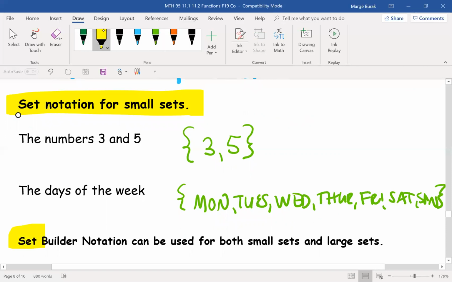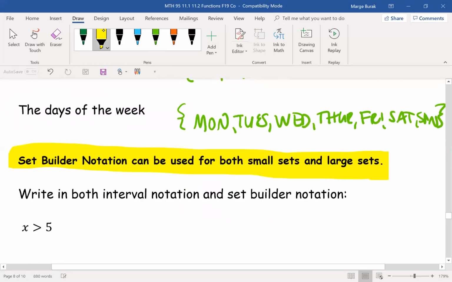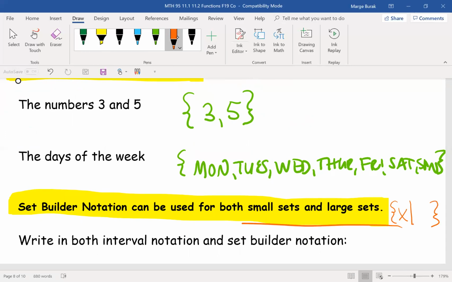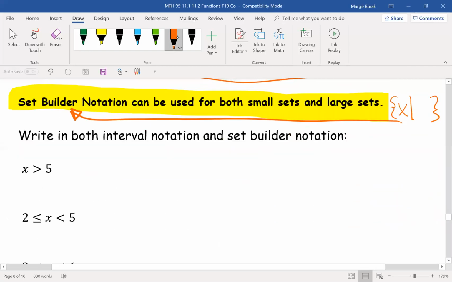Now, set builder notation can be used for both small and large. And the difference there is that we use this part right here in the beginning, for all x such that, and that goes with the set builder notation. You're just going to have to practice the difference between them. We rarely use sets like this unless we're talking about really small amounts of members.